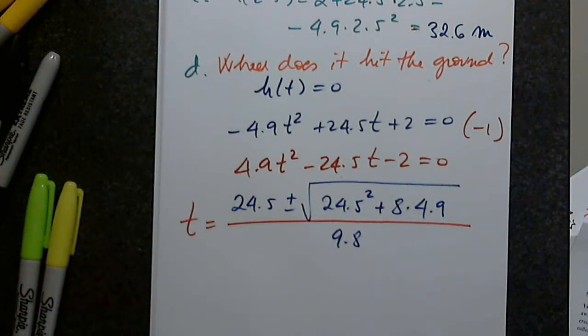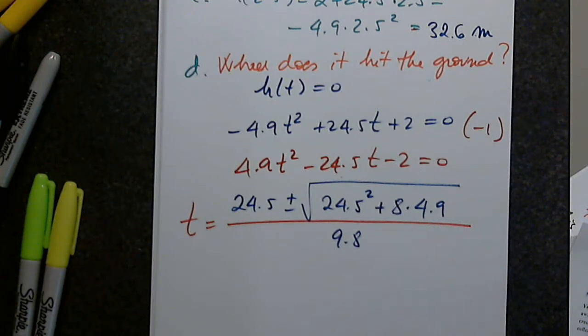I know you know, but I would like to show you how to put it in the graphing calculator. So parentheses are on the top, and I have 24.5 plus the square root. Never mind.